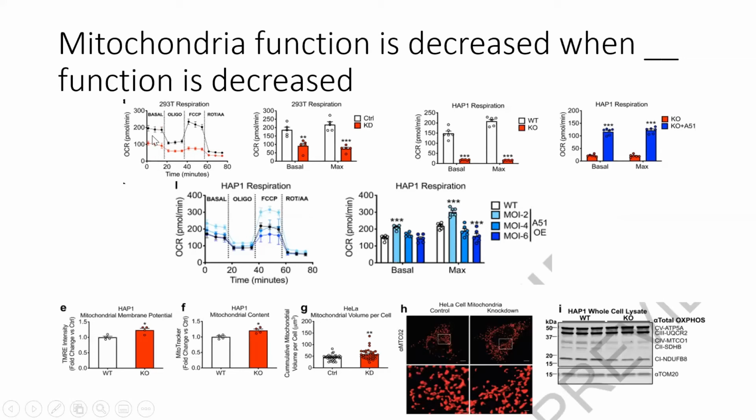And as you can see, automatically off the top, the knockdown, in which over here is the figure legend for this figure, is significantly lower. And I can say significantly because here you see those two stars. And then you look at the maximum respiration and you see once again it's lower.